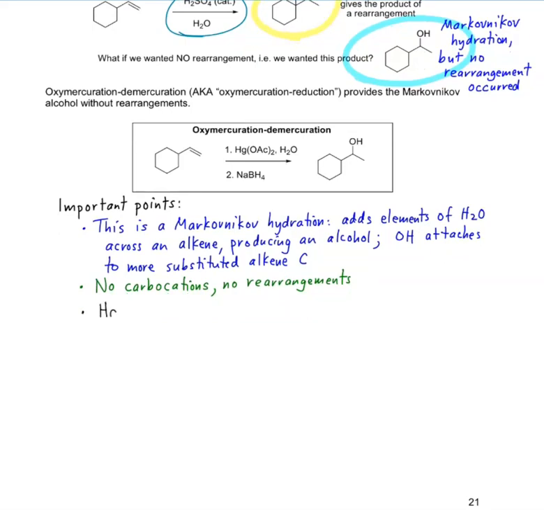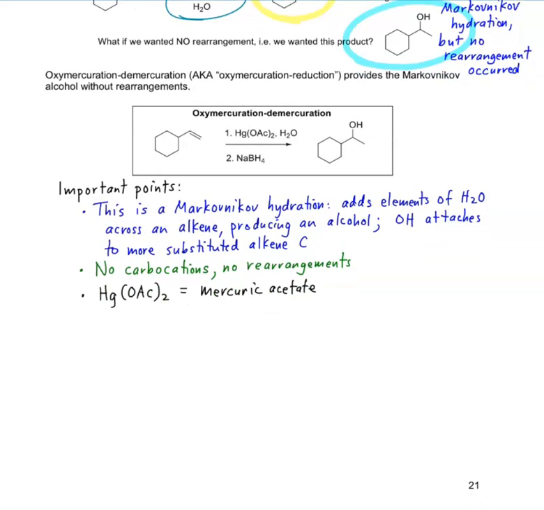So the first one, HgOAc2, is called mercuric acetate. Okay, so the acetate ion. Let's focus in on that.